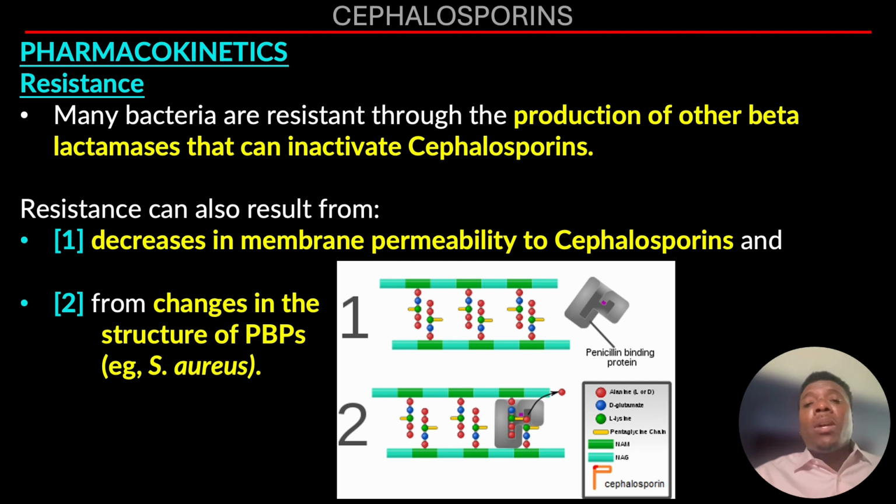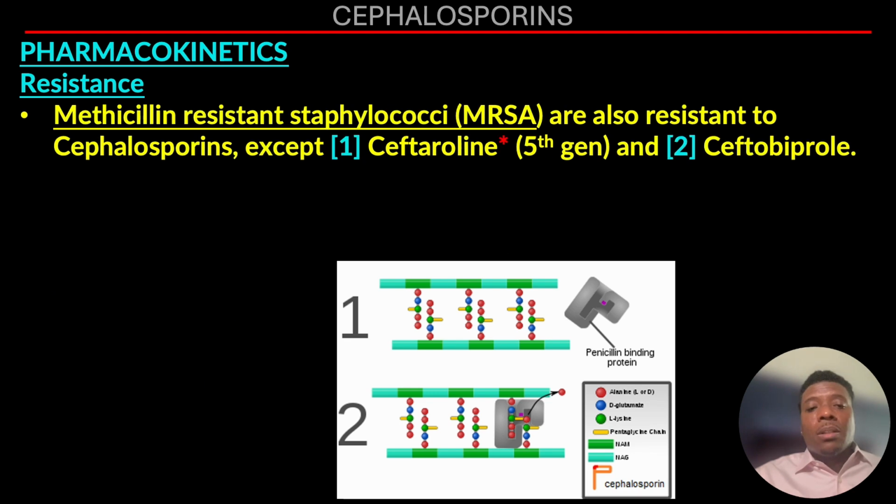Or they can make it very hard for the cephalosporin to penetrate the membrane. And the last way is that they can also make changes in the penicillin binding protein through evolution and mutation. One of the famous ones is Staph aureus. So for example, methicillin-resistant Staph aureus are naturally resistant to most cephalosporins, with two big exceptions, ceftaroline and ceftobiprole.